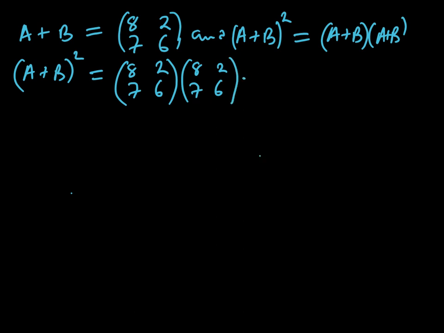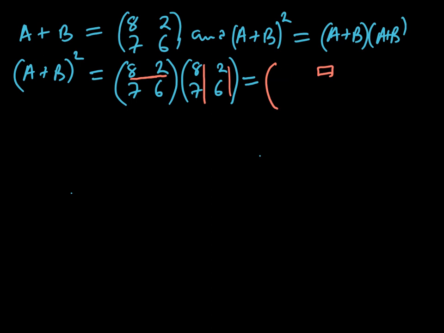Remember, when we are multiplying matrices, we multiply row by column. So what do we get here? 8 will multiply this row with this column to give us what we put here. Then the same row multiplies with this other column to give us what we put here. Then down, the same thing happens.